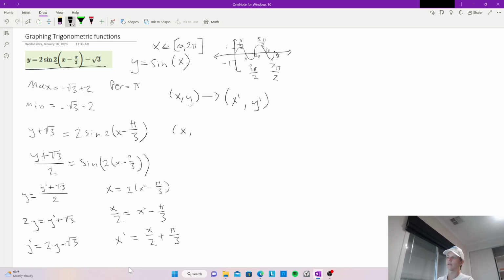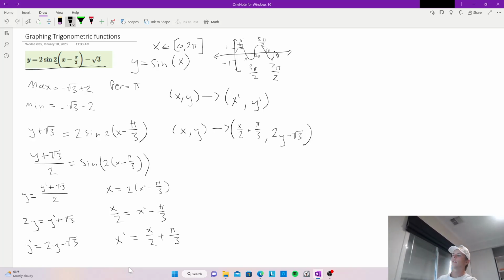So we get x and y on graph 2: x over 2 plus pi over 3, and then we got 2y minus that. And that is it there. That's our transformations that we're going to need to apply.